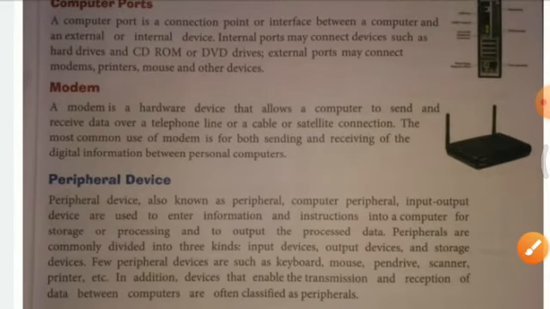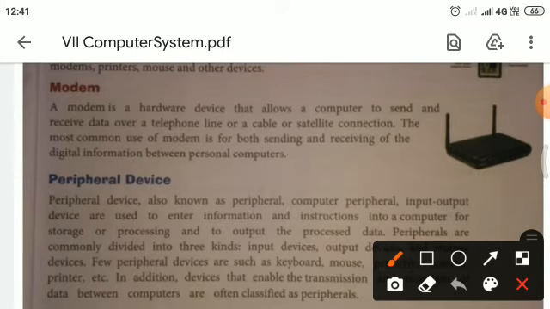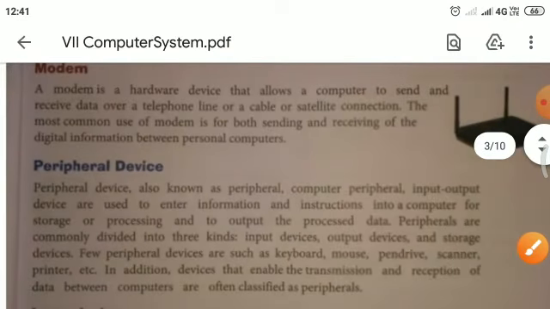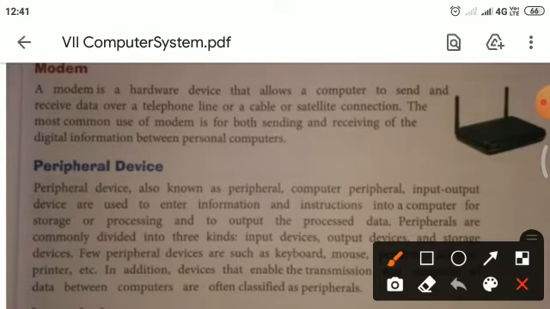And next is the modem. A modem is a hardware device that allows a computer to send and receive data over telephone lines or a cable or satellite connection. The most common use of the modem is both sending and receiving digital information between personal computers.